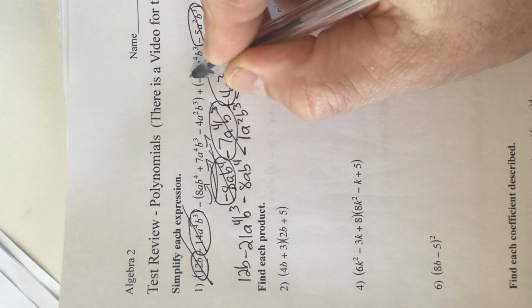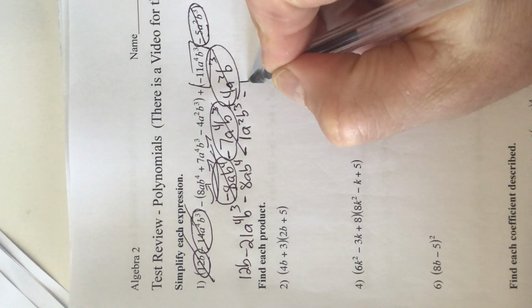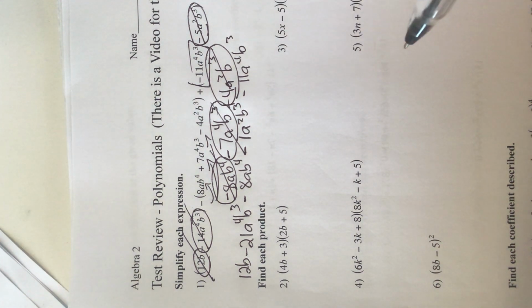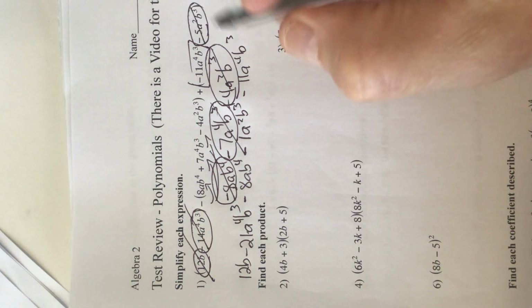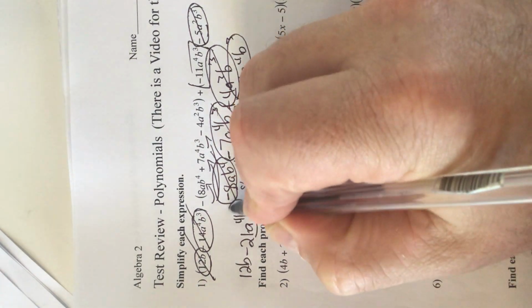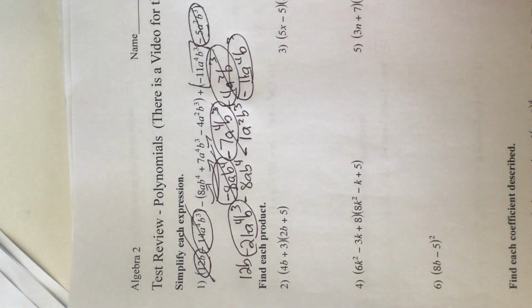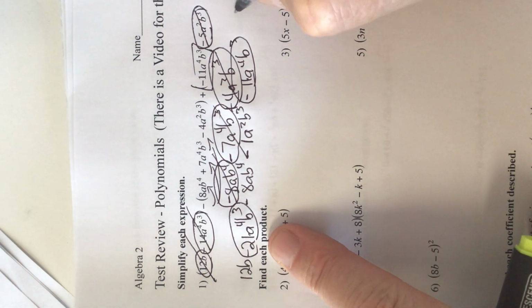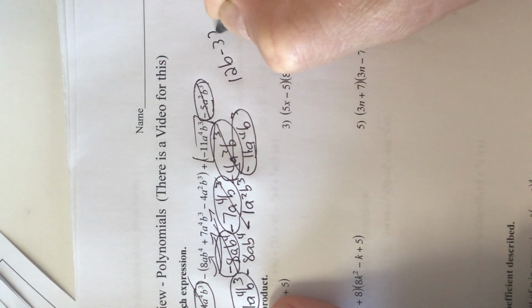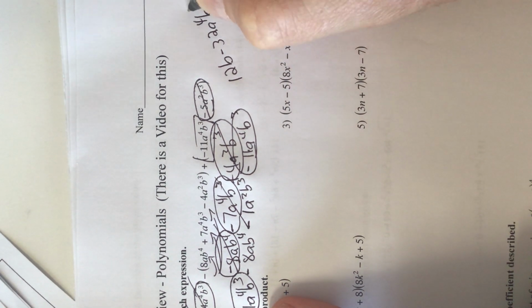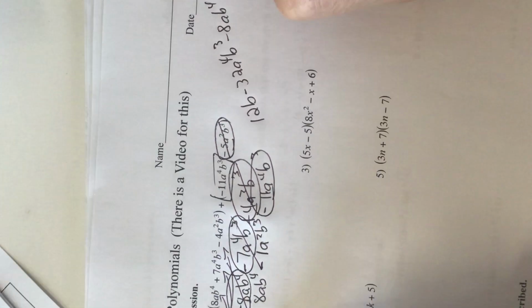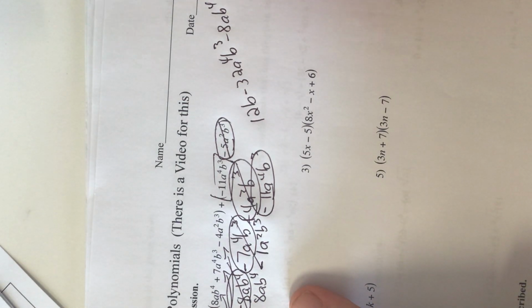Those are gone, and then there's this one left, negative 11a^4b^3. Oops, it looks like that should have gone with this one over here. So the a^4b^3 should have gone with these, so negative 11 and negative 21 makes negative 32 of them. So I've got 12b minus 32a^4b^3 minus 8ab^4 minus 1a squared b^3.